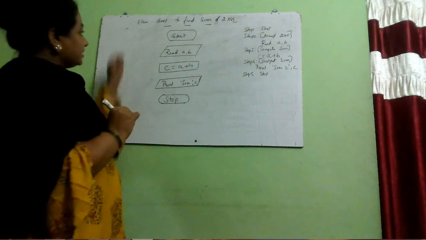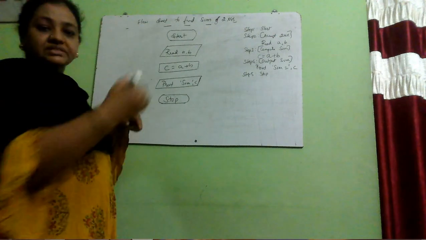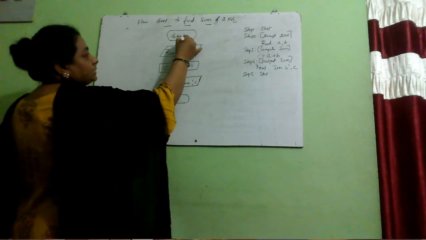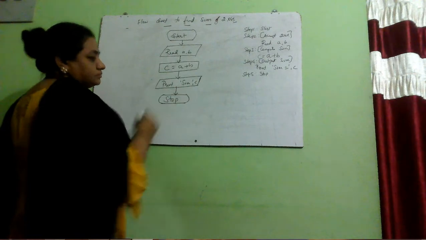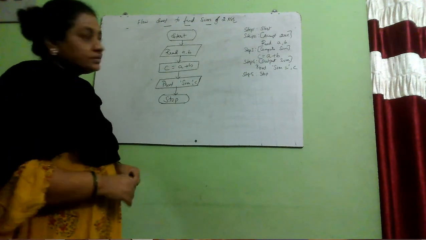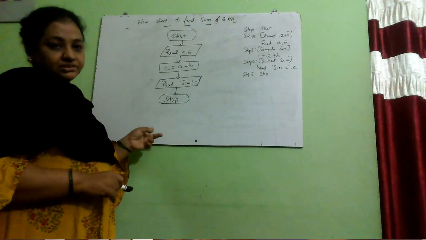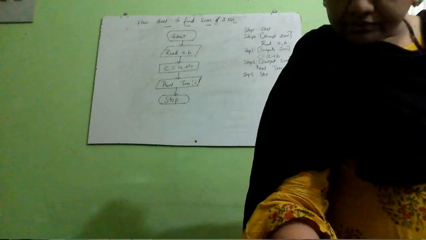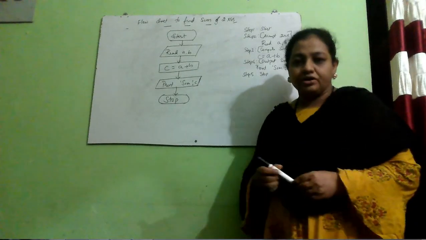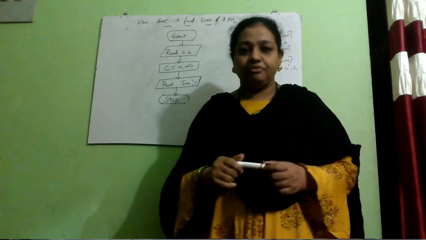So we are inputting, so read A comma B. That is step 2. Step 3 is compute. Compute is nothing but calculate. Calculation, as I told earlier, comes under processing.